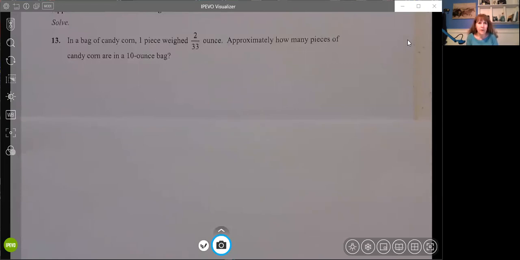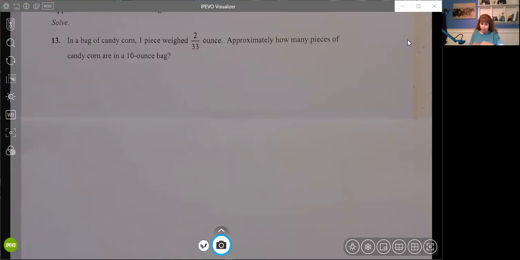All right, in a bag of candy corn, one piece weighs 2/33 of an ounce. One piece does. Approximately how many pieces of candy corn would it take to make a 10-ounce bag?